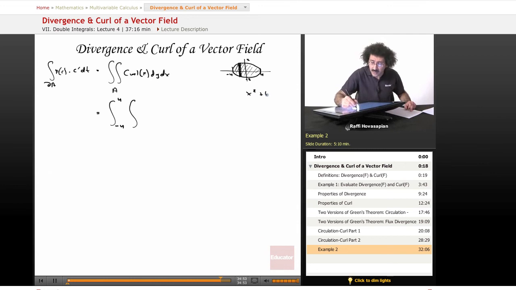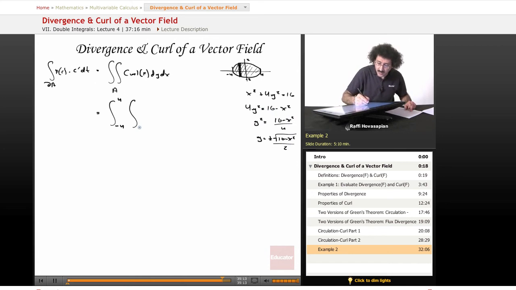So x squared plus 4y squared equals 16. I get 4y squared equals 16 minus x squared. Y squared equals 16 minus x squared over 4. So y equals plus or minus radical 16 minus x squared over 2. So y is going from minus radical 16 minus x squared all over 2 to plus radical 16 minus x squared over 2.